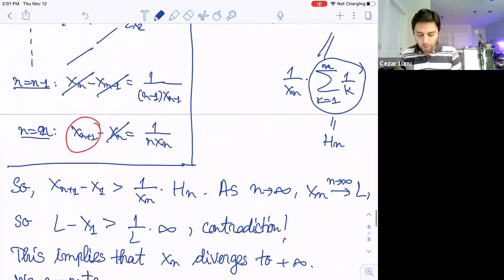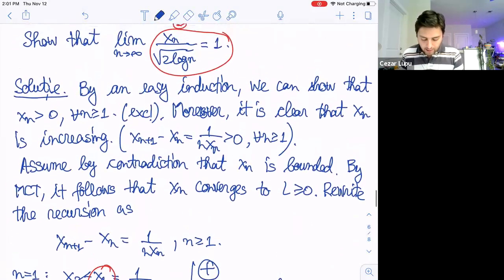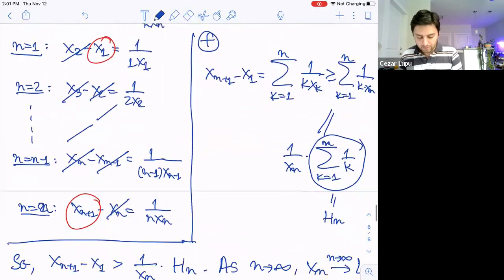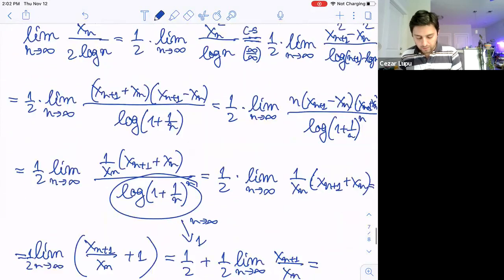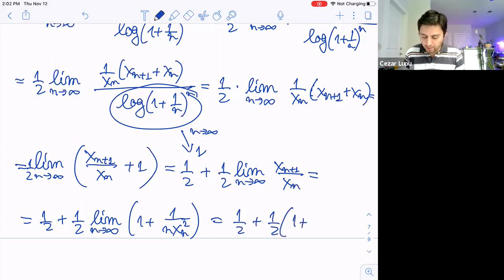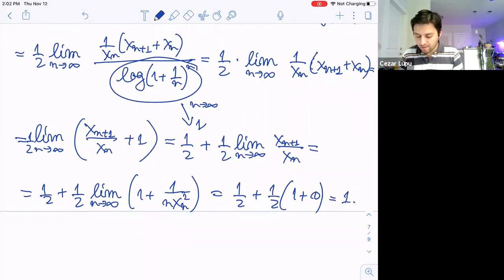If we go back to the recursion and divide by xn, you see in the recursion, this would be 1 plus 1 over n xn squared. So it will be 1/2 plus 1/2 times 1 plus 0, which will be 1.